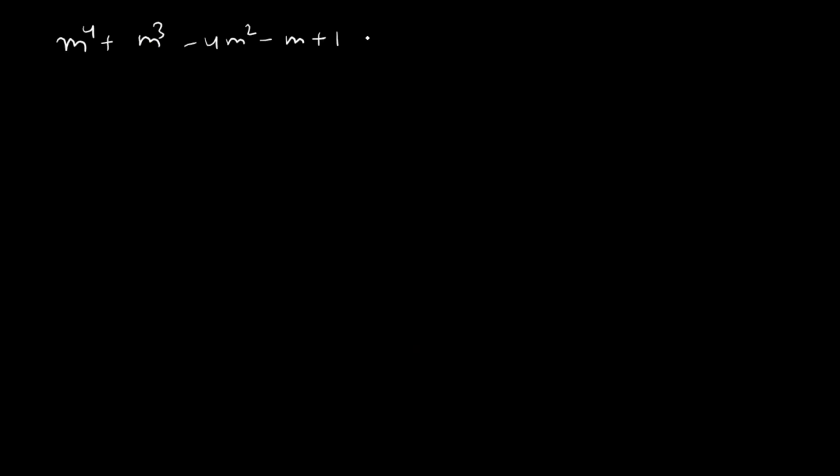Now look carefully at this biquadratic equation. If we divide by m square, and here m square is not equal to 0, this implies m is not equal to 0.